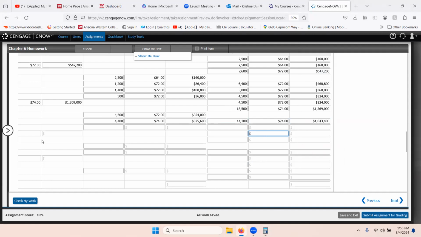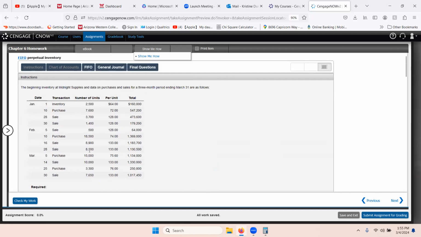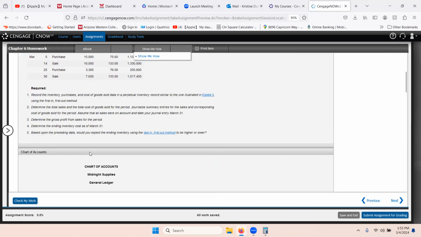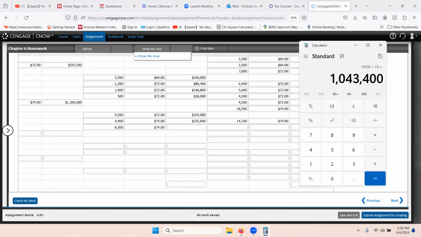So I know we have another sale in here before we have another purchase. So on the 28th, we sold another 8,500. I only have one batch to pull from. $629.